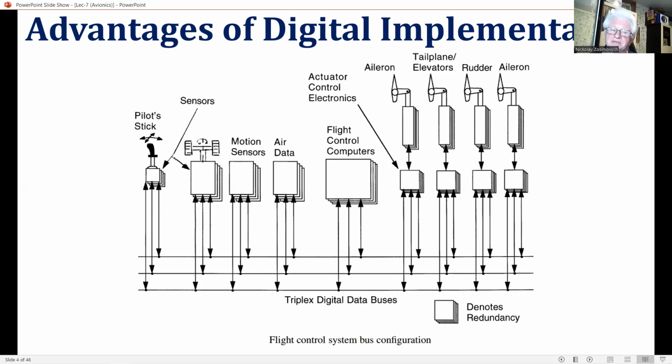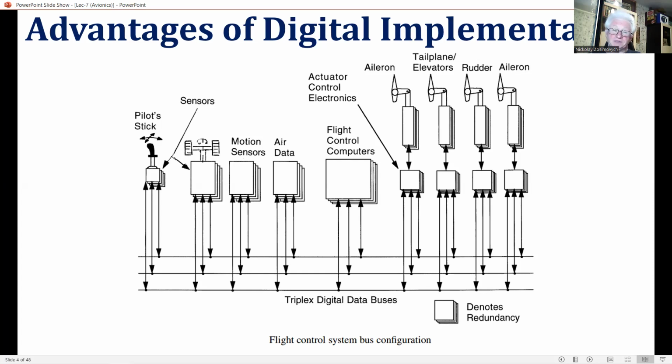Digital databases. A very large reduction in the weight of cabling is achieved by the use of multiplex data transmission and data bus networks. High integrity data transmission can be achieved with very comprehensive self-checking and data validation capability.